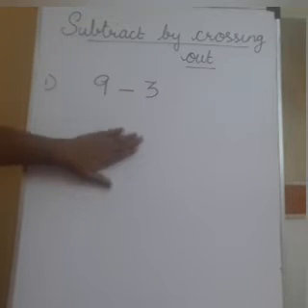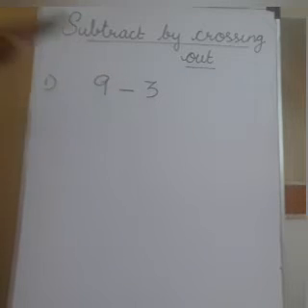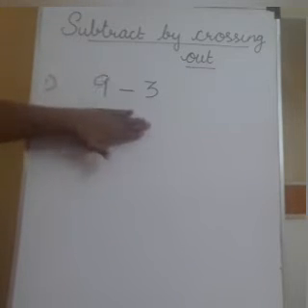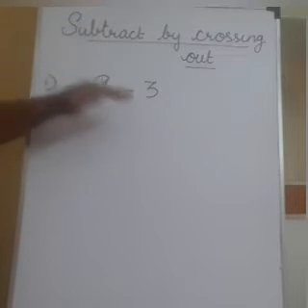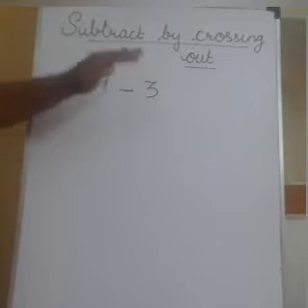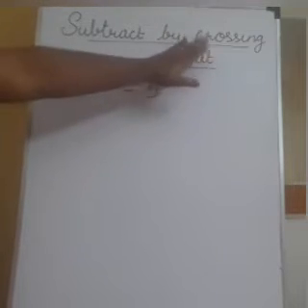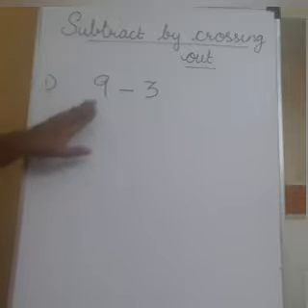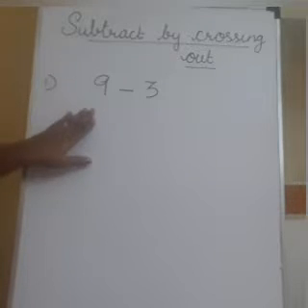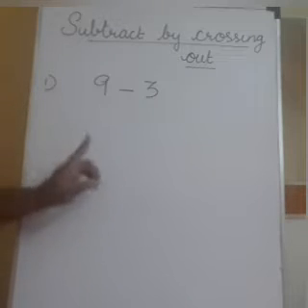What are we going to do here? We are going to do the subtraction of this question by crossing out. Look at the first number. The first number is 9.